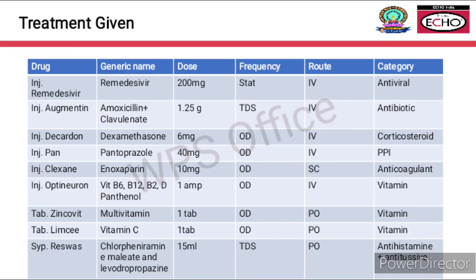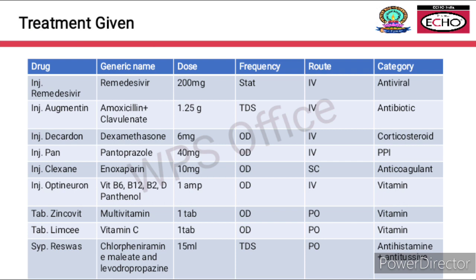Under the treatment given, injection remdesivir was given 200 mg stat IV, which is an antiviral. Then injection Augmentin is given, that is amoxicillin plus clavulanate, at a dose of 1.2 gram 3 times a day IV, which is an antibiotic.